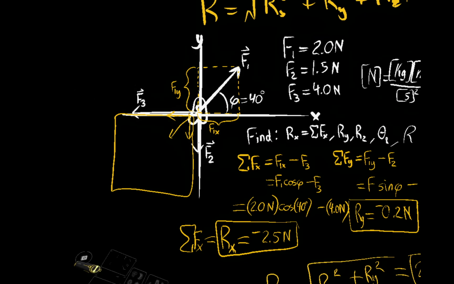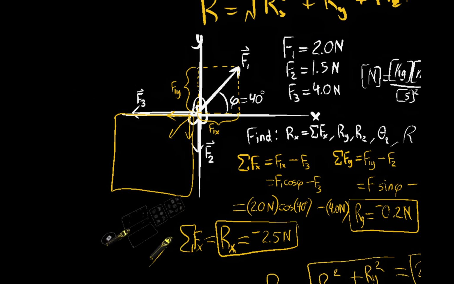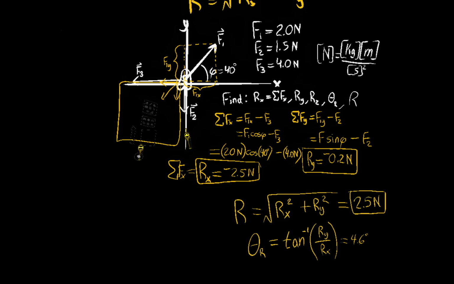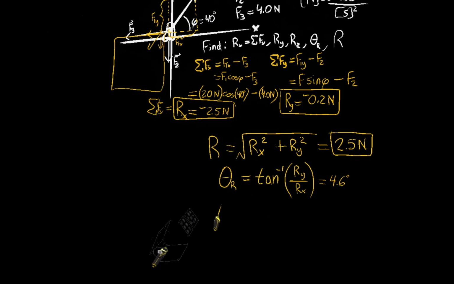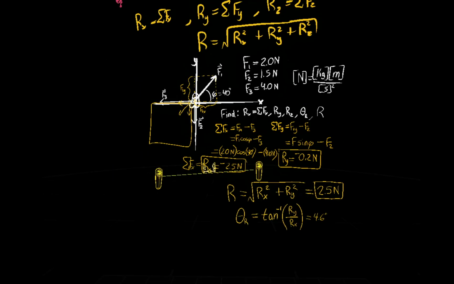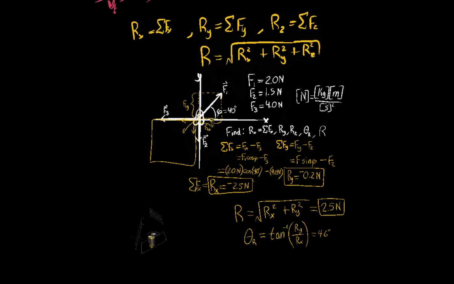Does that make sense? And so our theta coming out of this inverse tangent from our calculator of 4.6, that's not 4.6 degrees. 4.6 degrees would be something like this. We know that's not right. So you have to consider the quadrant.